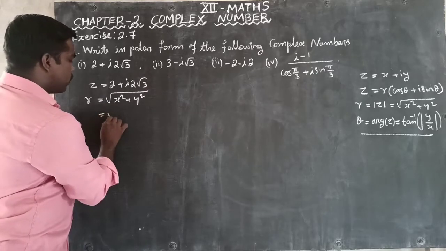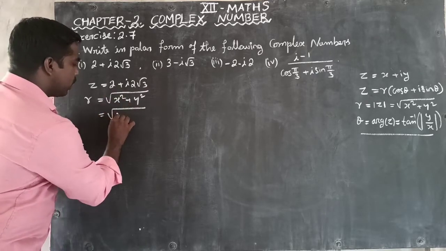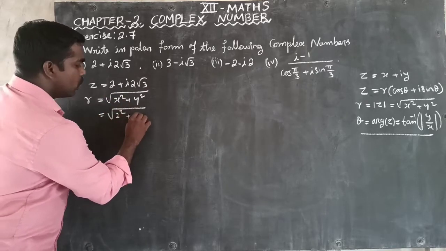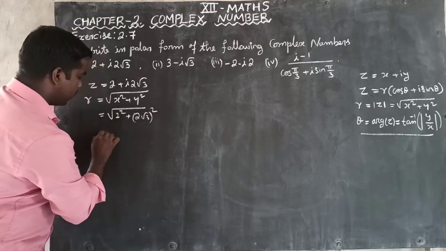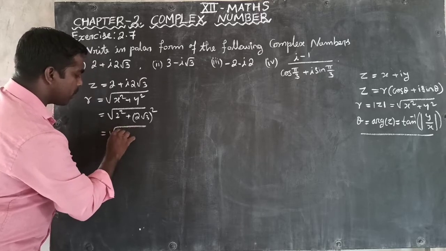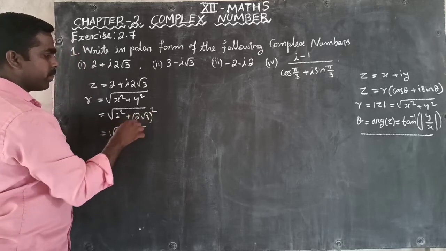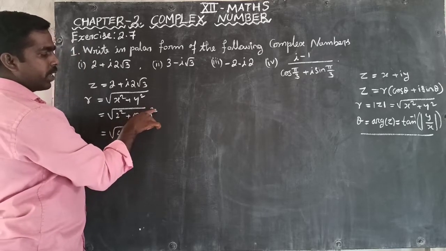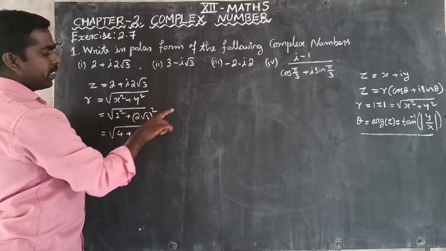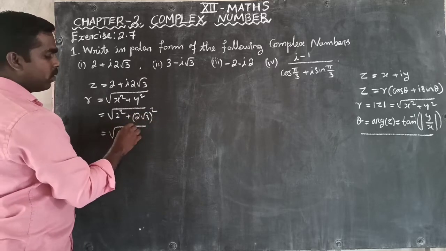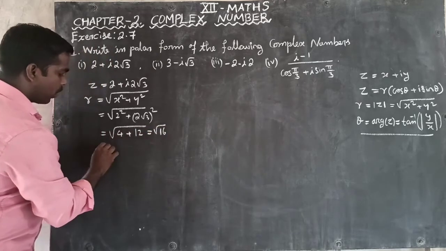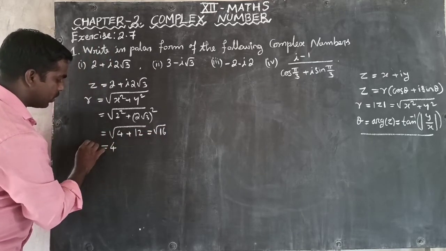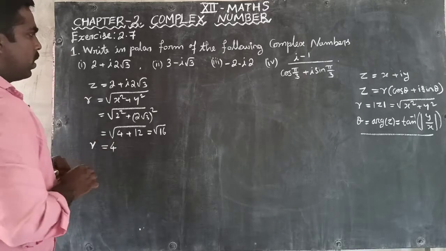So we can substitute here 2 square plus 2 root 3 the whole square, that is 2 square 4 plus 2 square 4 root 3 square. The square root will be cancelled, so 3 into 4 is 12, that is equal to root 16. The square root of 16 is 4. This is the value of r.